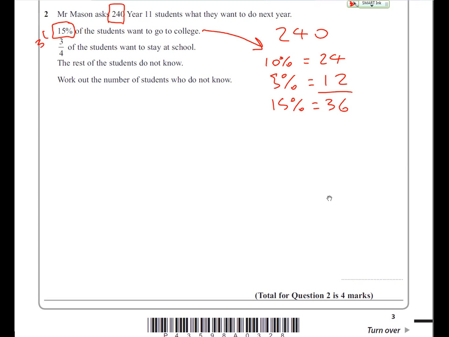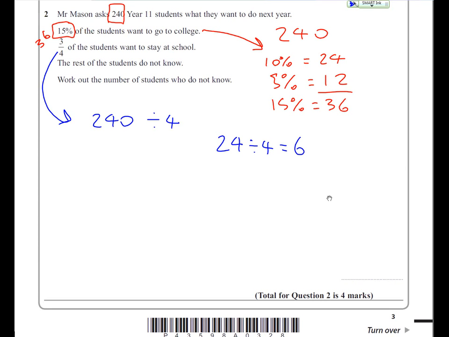36 students. 3/4 of the students want to stay at school. So we have to find 3/4 of 240. So 1/4 of 240, you divide by 4, and we are going to have to use 24 because, if we know our times tables, 24 divided by 4 equals 6.